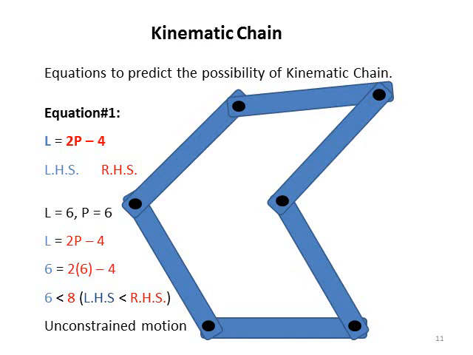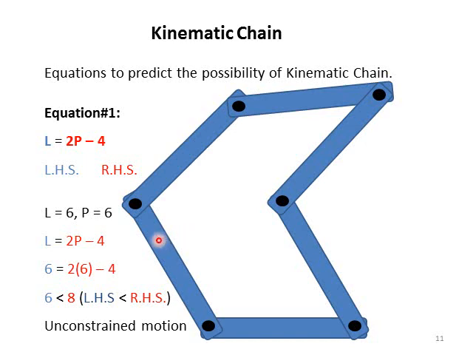Also let's count the joints: joint number 1, joint number 2, joint number 3, joint number 4, joint number 5 and joint number 6. 6 joints, 6 links.